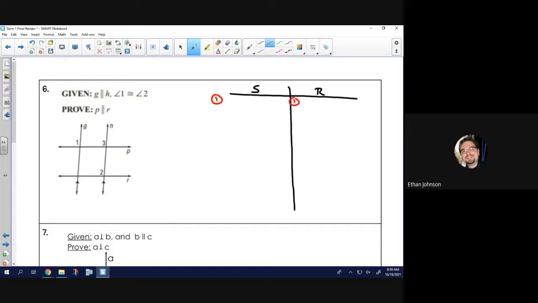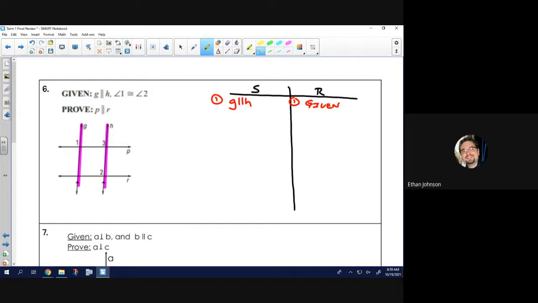If we don't say that they're parallel, those four are locked. We cannot use them. Well, fortunately, our first given says parallel. So G is parallel to H. Given. So G and H are parallel.